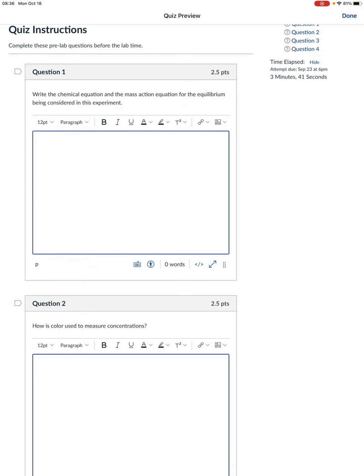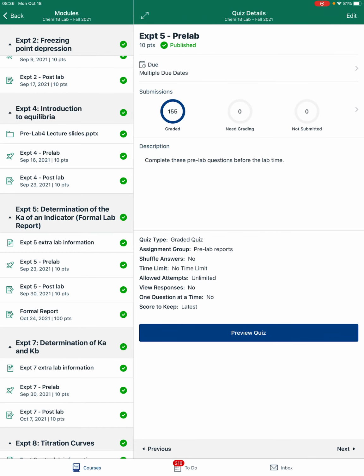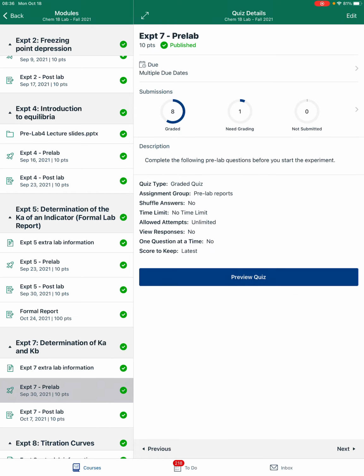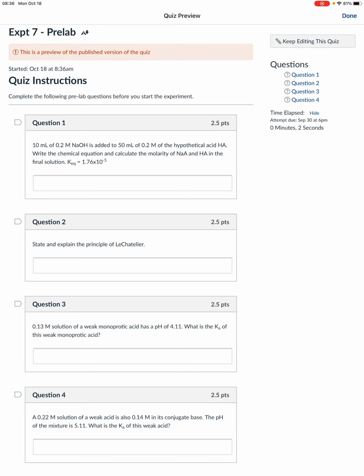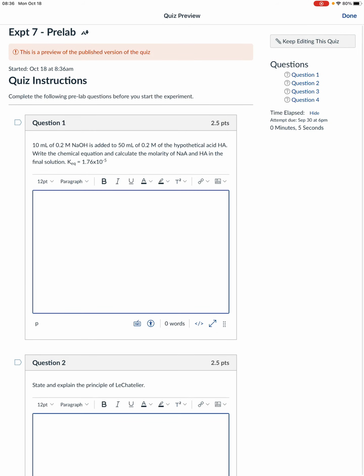All right, experiment 7. Here we go. We can rattle off some answers here. Question number 1. 10 milliliters of this solution added to 50 of another hypothetical acid. What is the new concentration of the NaA and HA in the solution?